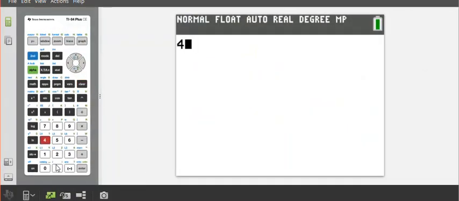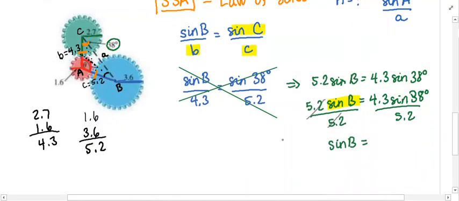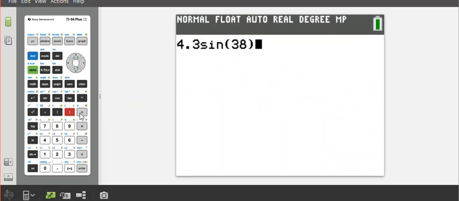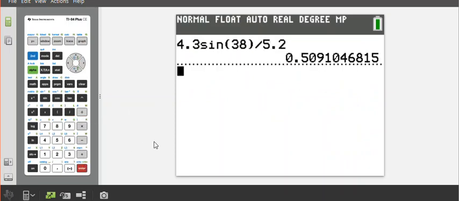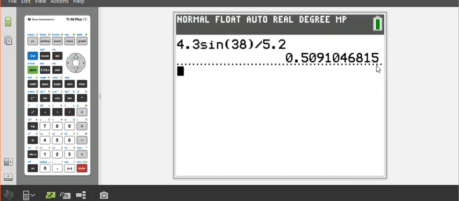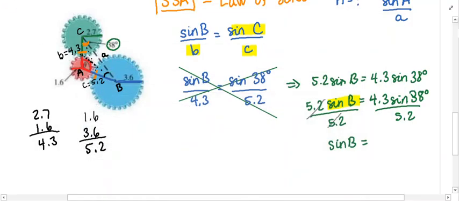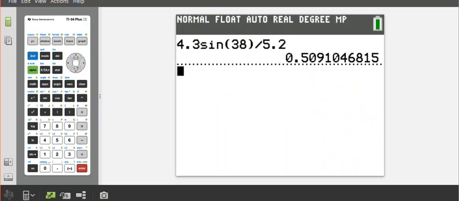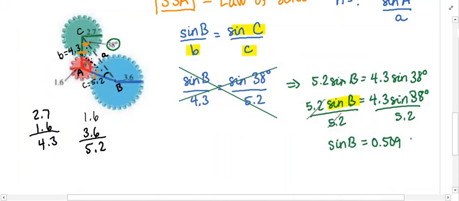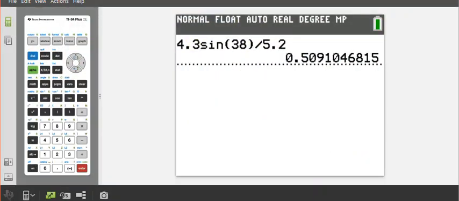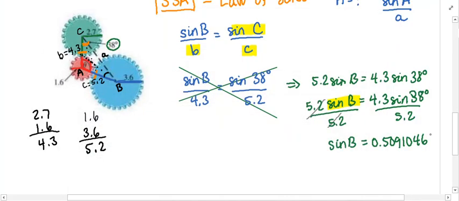So I've got 4.3 times the sine of 38 degrees. That is the numerator. And then we need to divide by 5.2. So this is the nasty decimal that the sine of B equals. So I'm going to put 0.5091046815. You need to use the full decimal expansion here for accuracy.